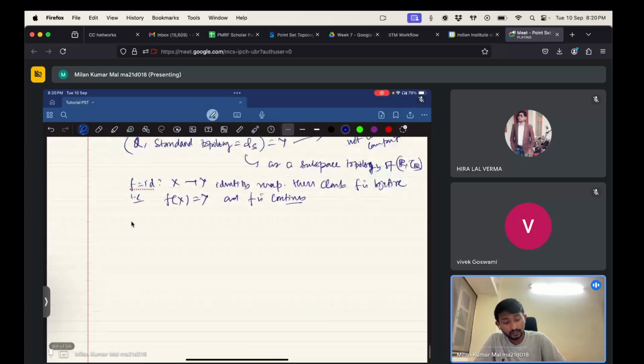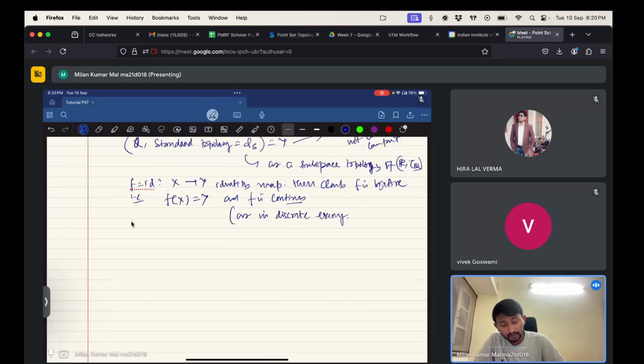Why is f continuous? In the discrete topology, every subset is closed and every subset is open.